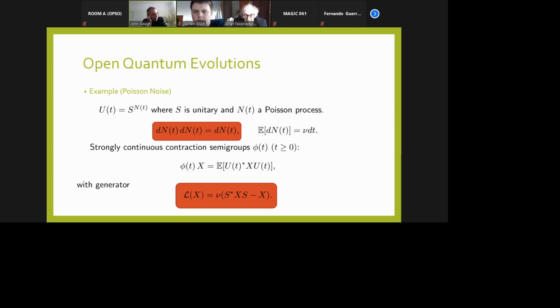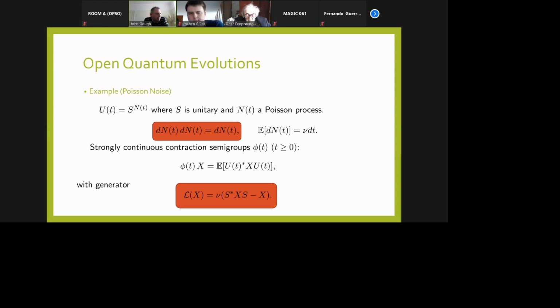So the idea is that at these Poisson times, we apply a unitary kick S to our system. And again, we're going to consider the unitary conjugation with U of t and average it over the Poisson process here.